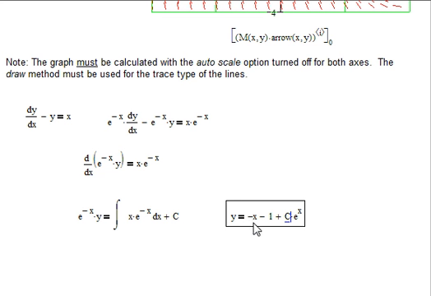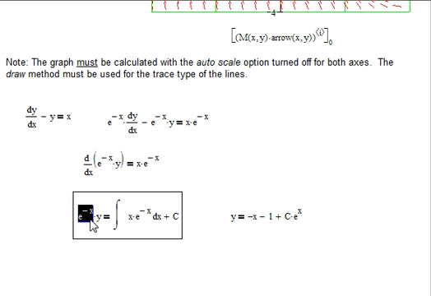Trust me, if you integrated this, it would be negative x minus 1 times e to the negative x plus a constant of integration. Then when we multiply both sides by e to the positive x, we get y equals negative x minus 1 plus some constant times e to the x.